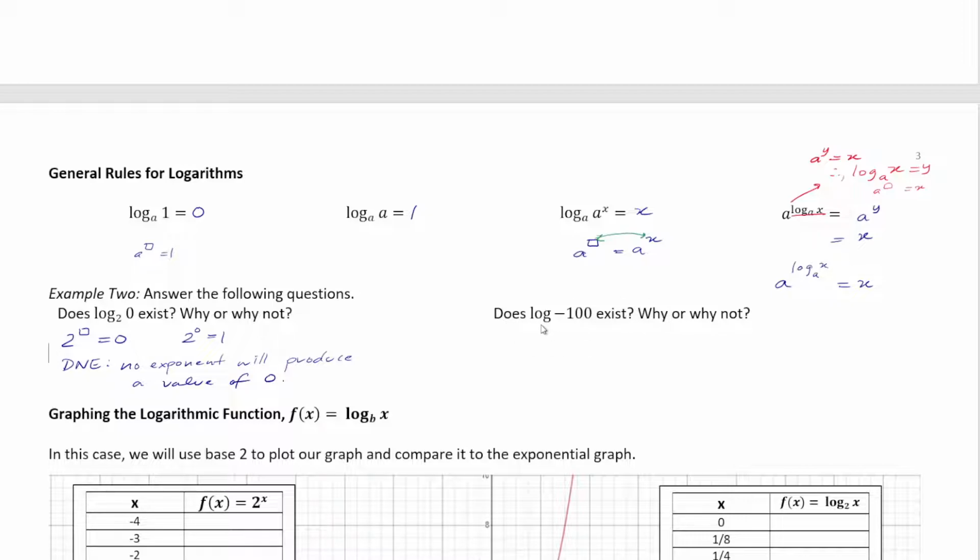If we look at this next one, log negative 100 base 10, I'm asking here, is there some exponent that would create a negative number? And again, this does not exist. There is no exponent that produces a negative number from a positive base.